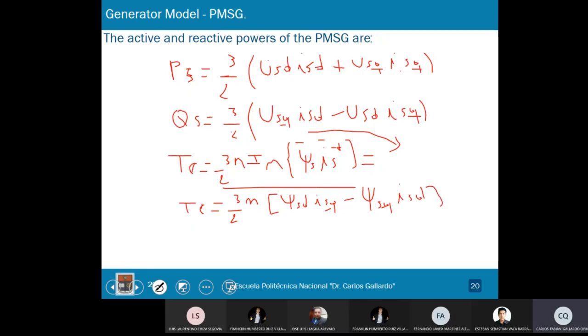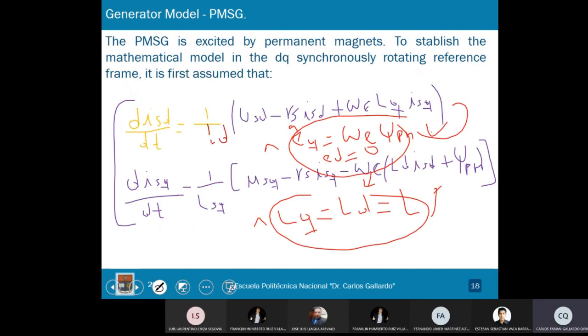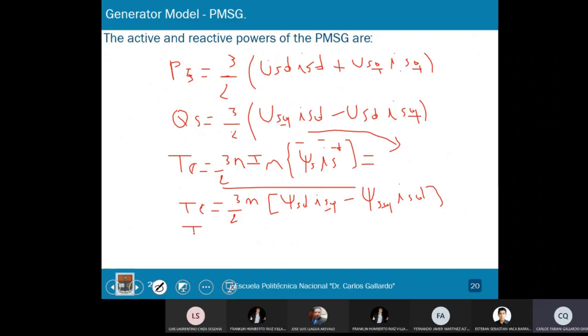And finally, taking into account these approximations, I will get the electromagnetic torque equal to 3 over 2 times the number of poles times the direct axis inductance minus the quadrature axis inductance times the stator current on the D axis times the stator current on the Q axis, plus the permanent magnet flux times the stator current on the Q axis.